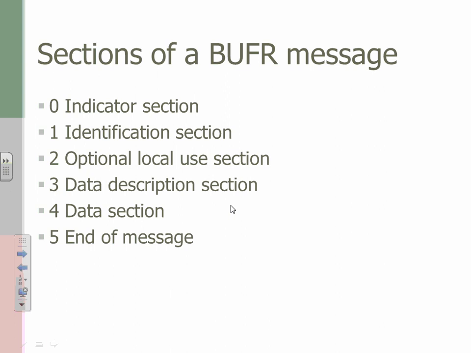So 0 is indicator section, 1 is identification section, 2 optional local use section. Section 2 is sometimes not used, so it's optional. The third, section 3, is data description section, 4 is data section, so the actual data is in section 4. And 5 is end of message.